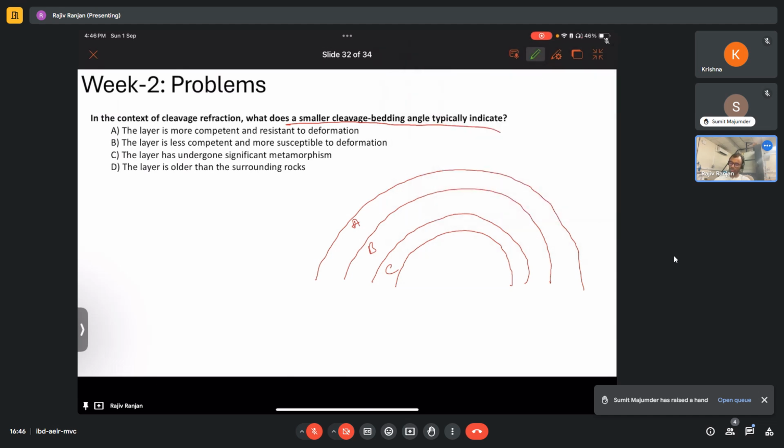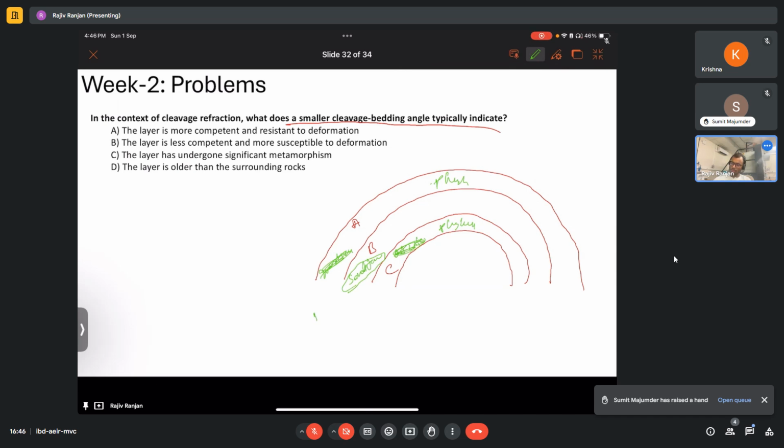Suppose this is sandstone, this is quartzite, or you can say this is phyllite.